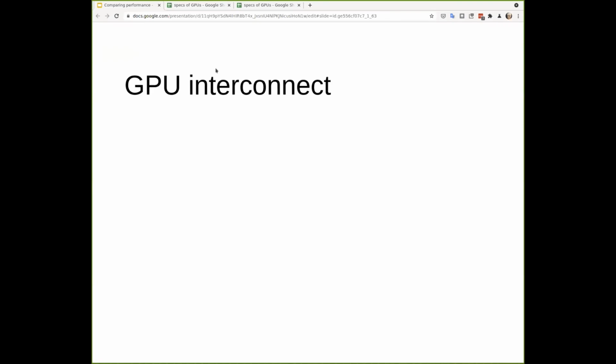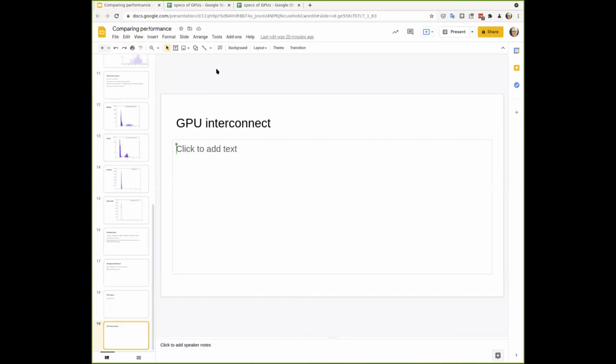I wanted to present some information about GPU interconnect, but in the end, I sort of threw up my hands because it's very hard to get good numbers on this. There are tools which will show you.